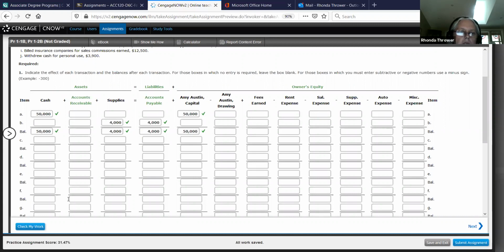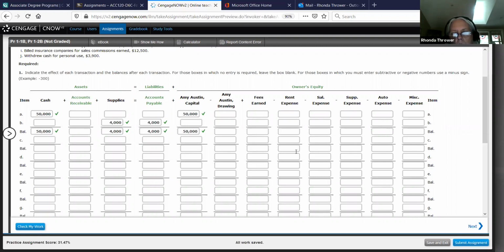You just click on it. And when you see the green arrows, you know that you've done it correctly. If you see a red X, then of course you've done it wrong, and you'll want to correct that because if you do a transaction wrong early on in the problem, it's going to affect the entire problem, and we don't want that to happen to you. So if you'll check your work, that'll be something good for you to do.